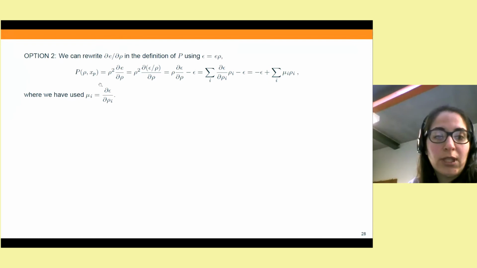So we take the definition, the density squared times the derivative of the energy per particle with respect to the density, and we substitute here the definition: the energy per particle is the energy density divided by density.